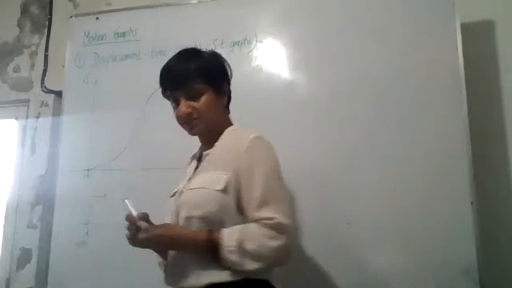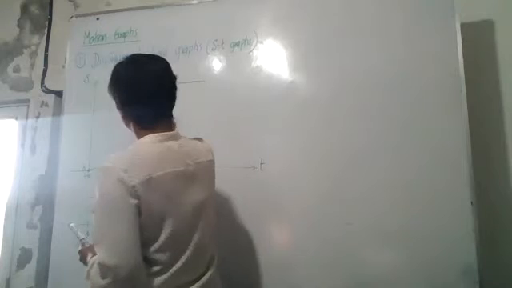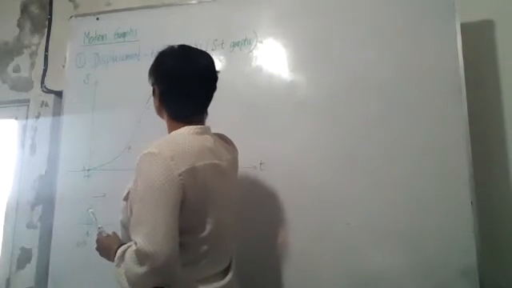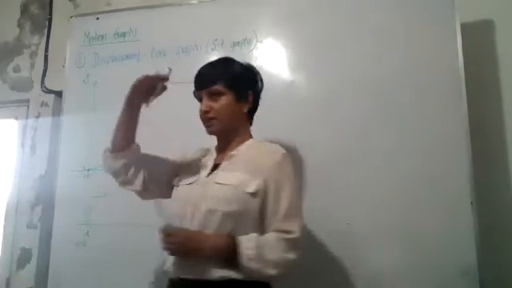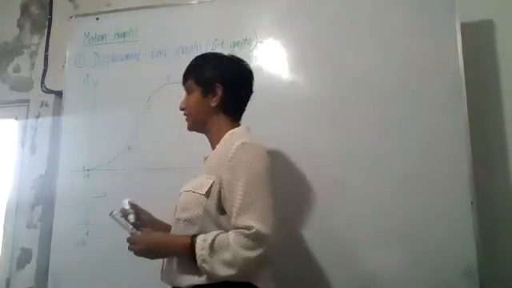I will mark different sections so that you can identify. This is A. Up to here it's a curve. Then from B to C it's a straight line. From C to D it's a curve again. From D to E it's a flat, horizontal straight line.